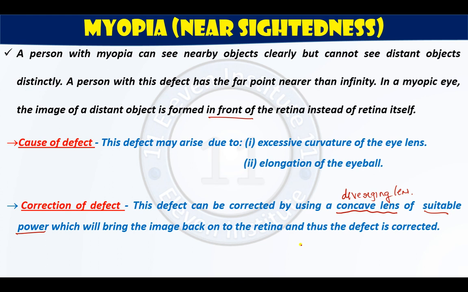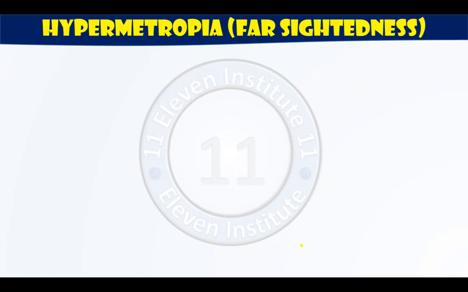Now we will see the second defect of vision, that is the far-sightedness. Right? Far-sightedness. Exactly opposite of near-sightedness. In this defect, we are able to see far objects clearly.